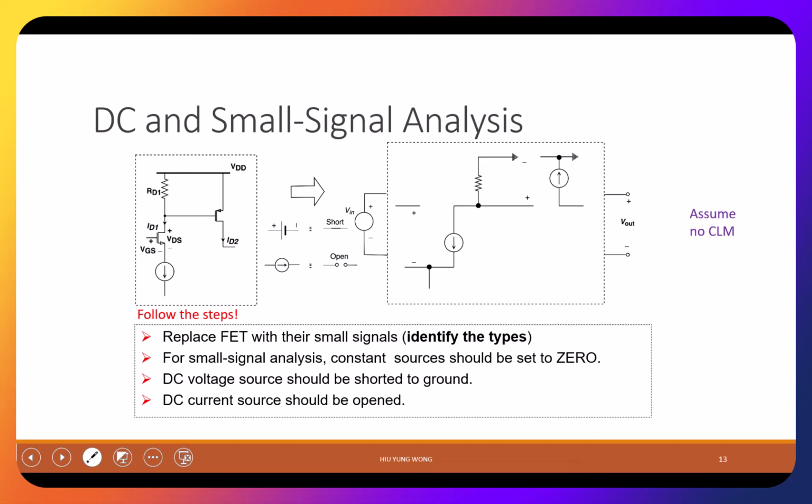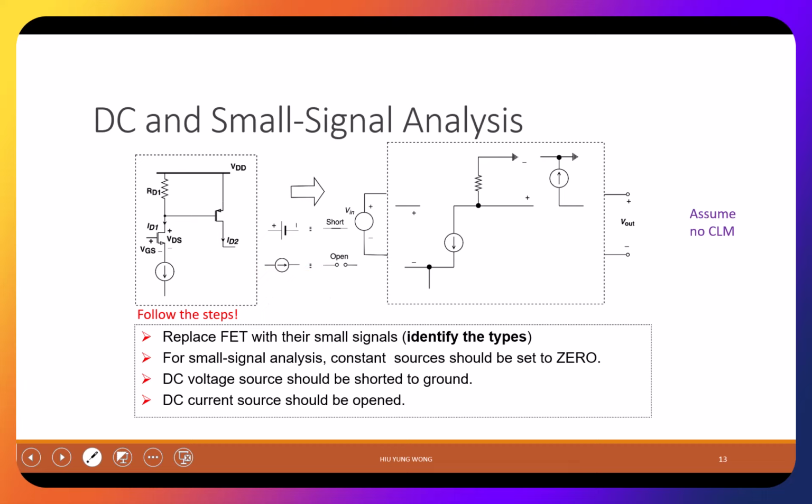Constant current means what? Do you have variation in current? No. Then it means there should be no AC current, right? Then what is the condition for no current? Open. Yeah, infinite impedance. Open. Right? So if this is constant, I open it because there's no AC current.